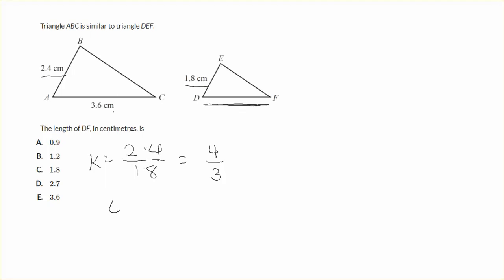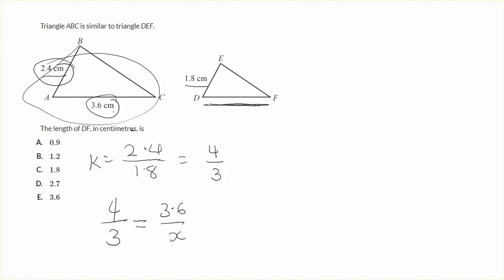It's also a length, so I just need to work with K. So I'll set up two equivalent fractions: 4 over 3 equals 3.6 over x. I've put the 3.6 in the numerator because my 2.4 from this same triangle went in the numerator up here. So from the same triangle, I both put in the numerator. Now I just cross multiply.